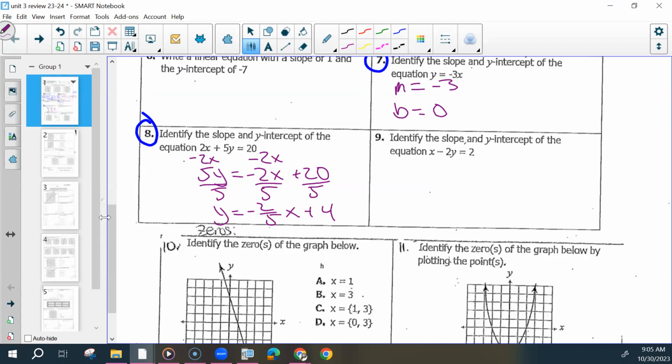Once we have our equation, now we can say what our m and what our b is. What is the slope of this equation? -2/5. What is the y-intercept? Positive.